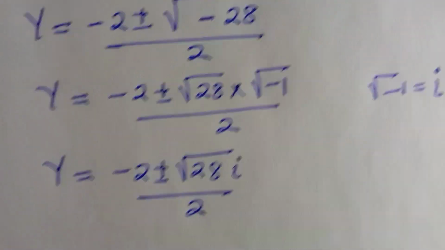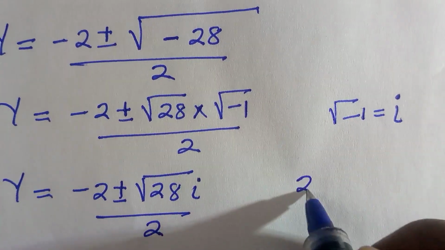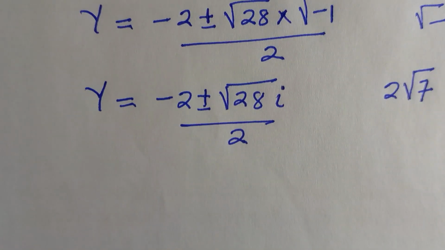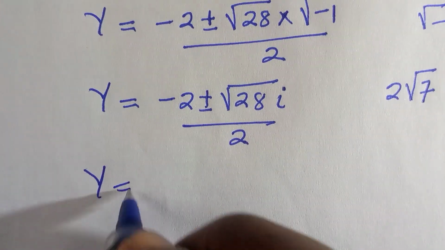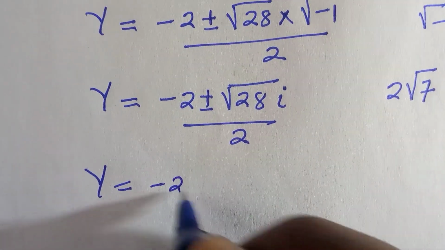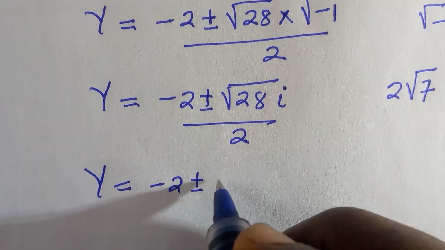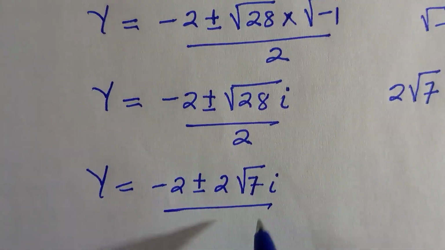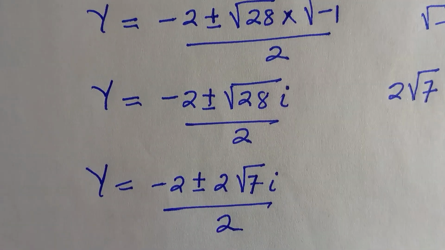But this 28, when we simplify it, we have 2 root 7, okay, and that is the root of 28. So in a short form, we have y equals minus 2 plus or minus, then instead of 28 we have 2 root 7 i, everything divided by 2.